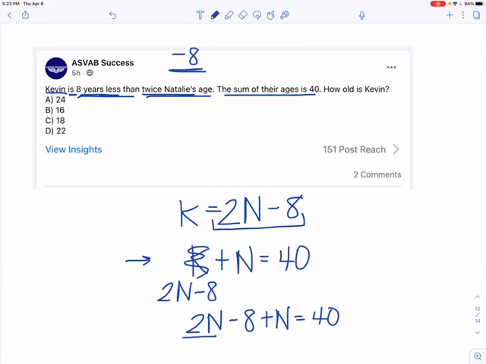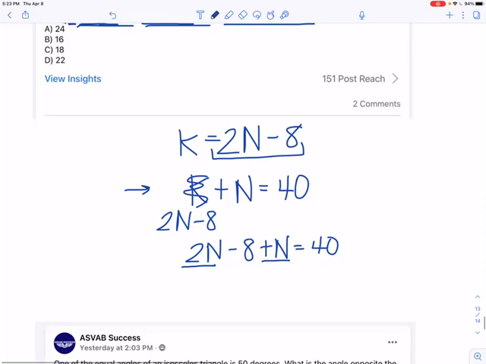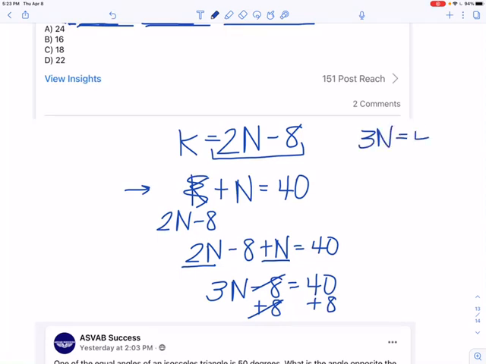So 2n plus n, I'm going to combine these two now, and I get 3n minus 8 equals 40. I want to get the n by itself on one side of the equal sign, so I'm going to get rid of that 8. When I do the opposite, I get rid of it. So I'm left with 3n equals 48.